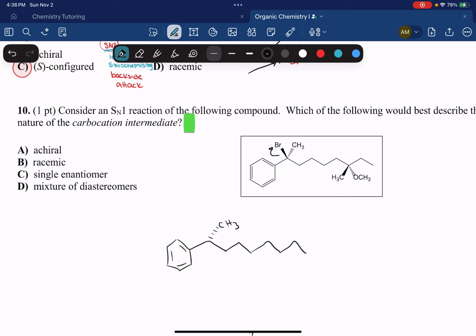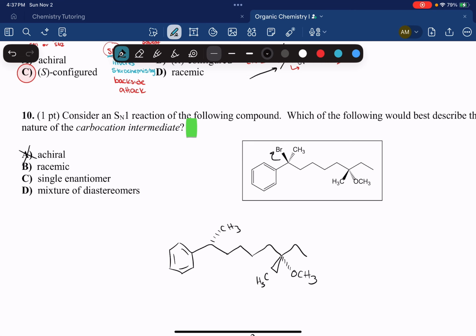CH3. CH3. Okay, so we know it's not achiral because it's not a meso compound. Right? Do you guys see why? We can go through it all. We got 2 stereocenters. Well, right now we only have one. Right, we only have one stereocenter. Right here.